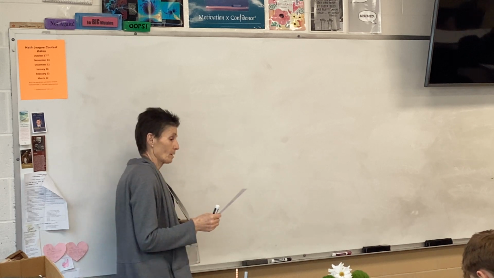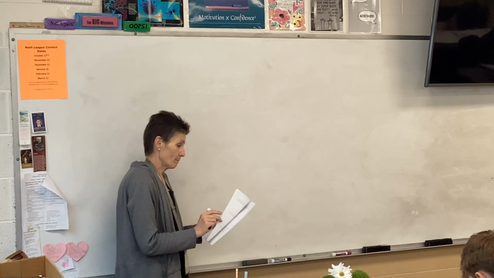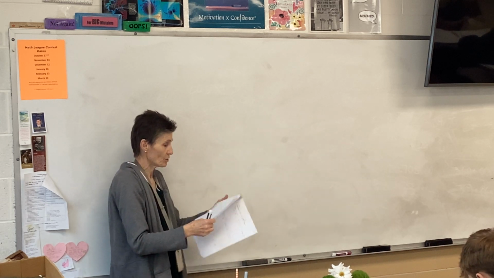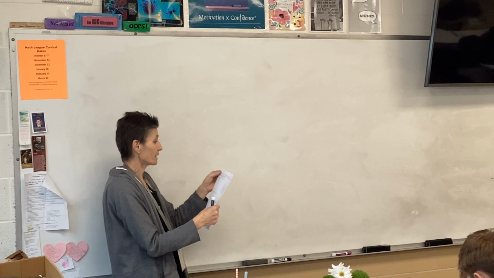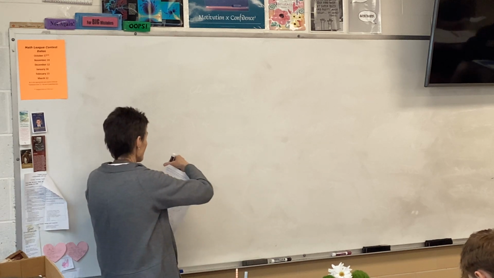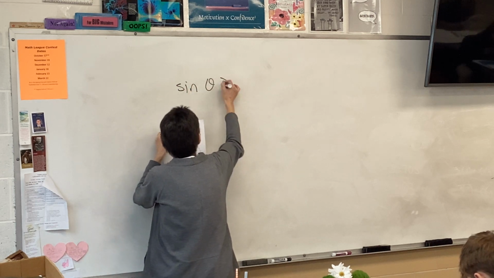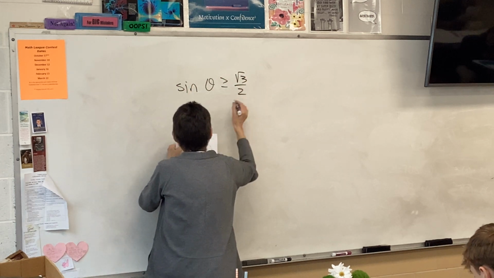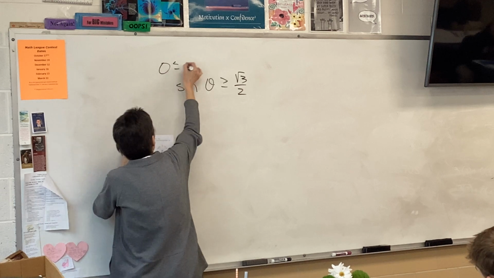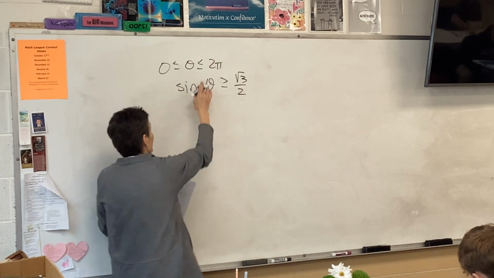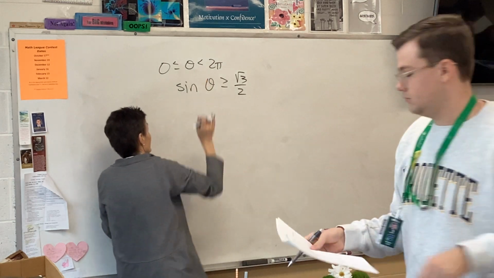Okay, so I'm on the last page of this little worksheet packet. The first problem, number 1, says sine theta is greater than or equal to √3/2, and we are between 0 and pi inclusive. Oh, no pi. 0 and 0.